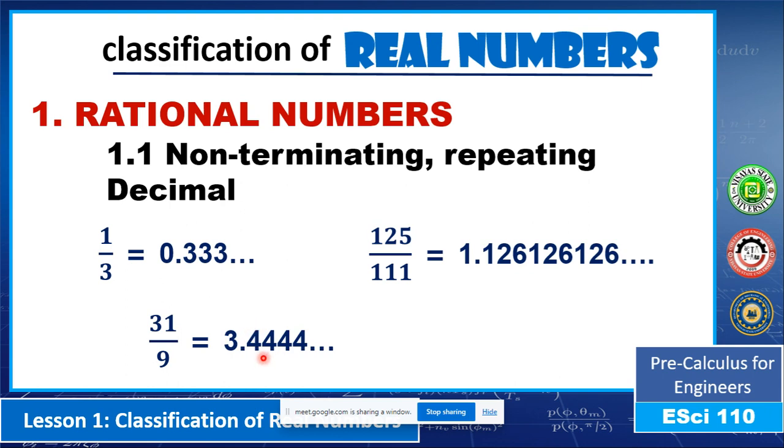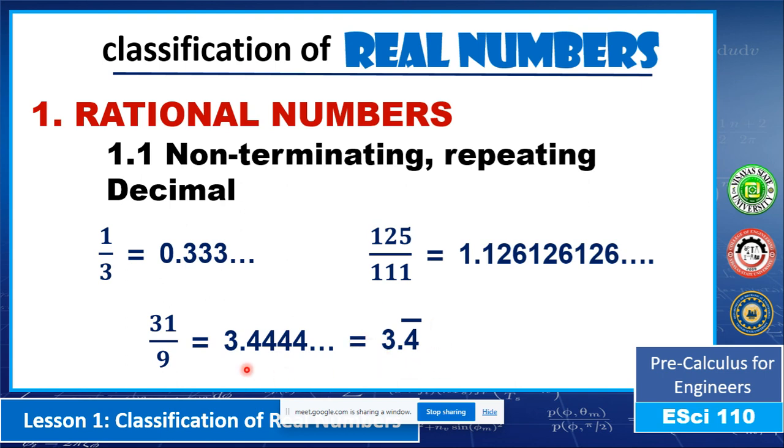For this type of rational number, we can also write it in a shorter way. You might feel that it's very long, sir. Yes, it's long because it's repeating and it repeats infinitely. So we can rewrite this shortly in this notation. So take note with this one.